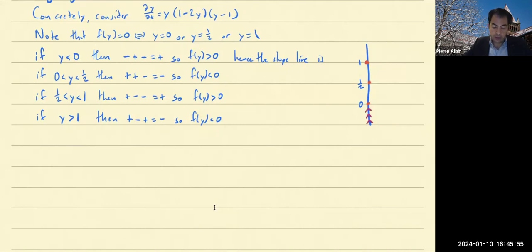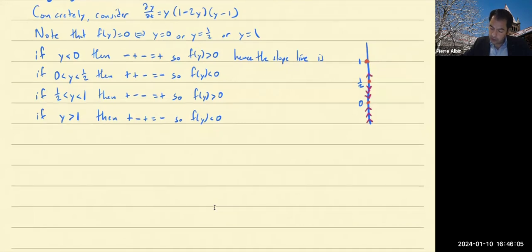If y is in between 0 and 1/2, f is negative, so it's going down. If y is in between 1/2 and 1, then f is positive, so we're going up. And if y is greater than 1, then f is negative, so we're going down. So we see that this is a stable equilibrium, this is unstable, and this one is stable.